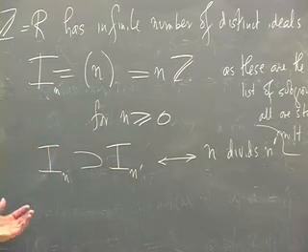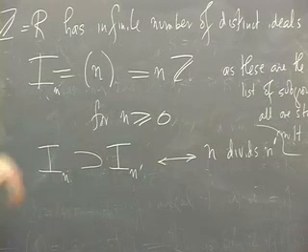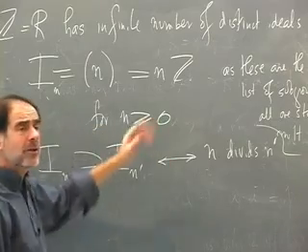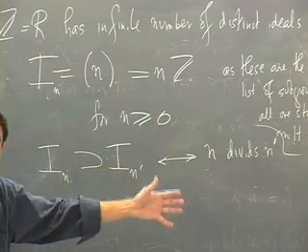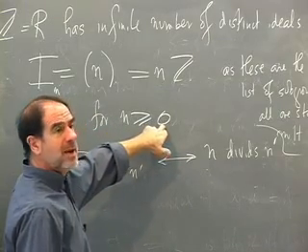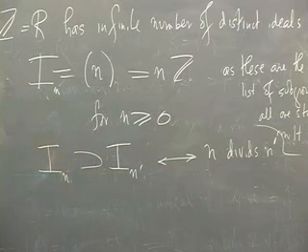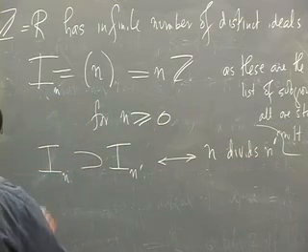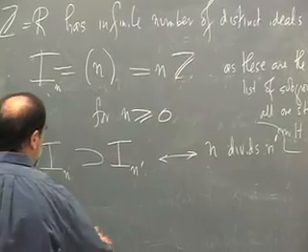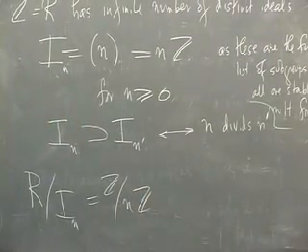So the lattice of ideals here is the same as the lattice of all positive integers ordered by divisibility. And there are an infinite number of positive integers, so there are an infinite number of ideals. Notice that you get the 0 ideal when n is equal to 0. You get the full ring when n is equal to 1. Otherwise, you get proper subrings. The quotient R mod I sub n, in this case, is just Z mod nZ. It's this finite ring.